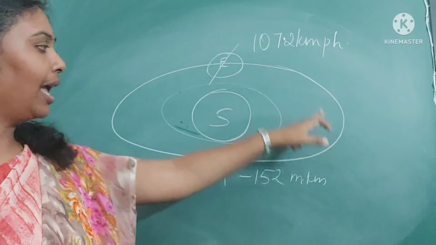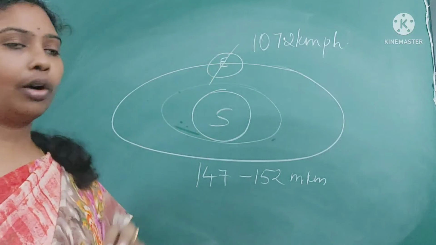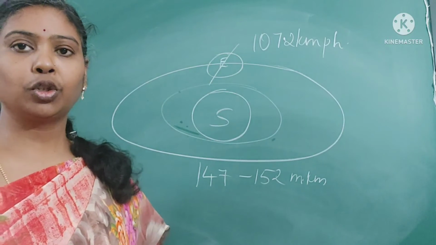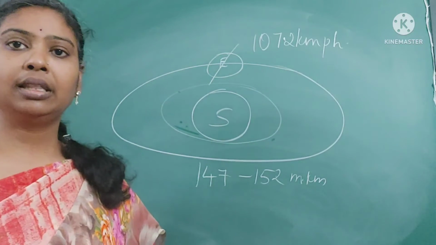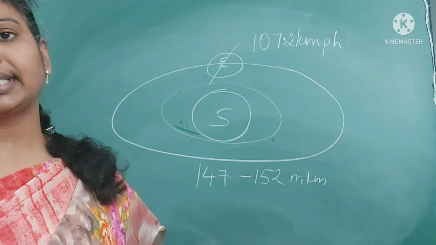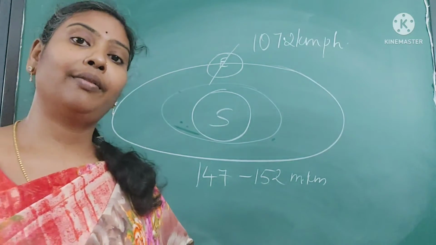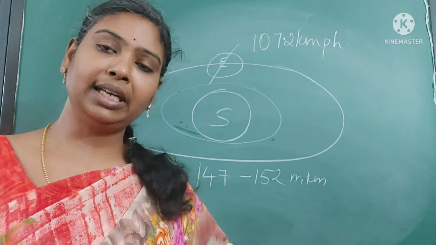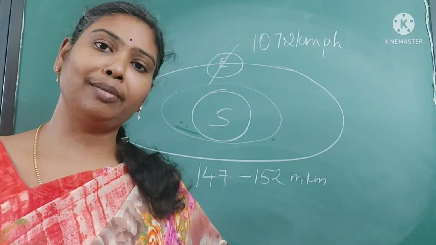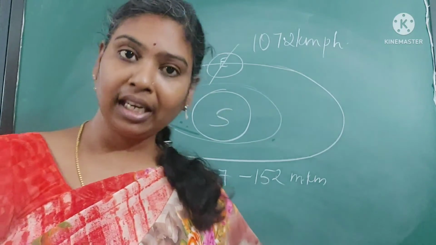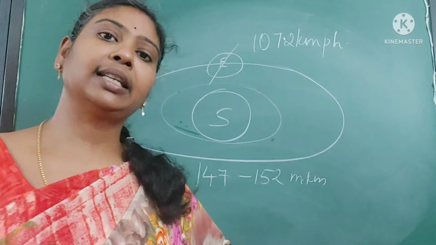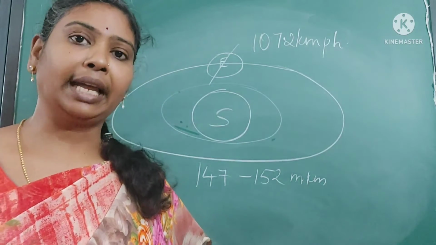We can see an elliptical orbit of the earth around the sun. So sometimes the earth is very near to the sun and sometimes the earth is far off from the sun. When is the earth very near to the sun?